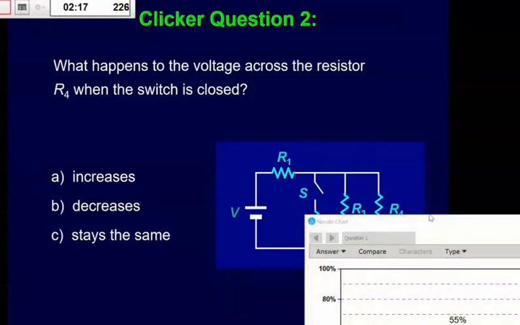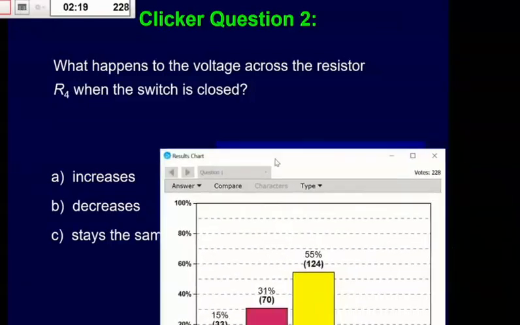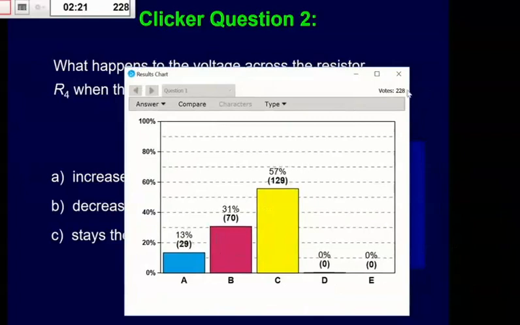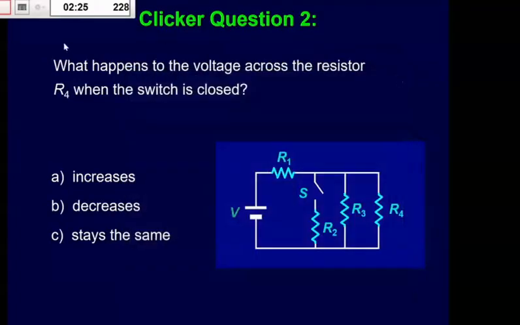And we'll look here, and so let's look at this. So we got a little bit of C's, a little bit of B's, a little bit of A's. Like I said, I think this is a hard one. So let's talk about this. Does anybody want to tell me what they were thinking? Be brave and tell me what they were thinking.